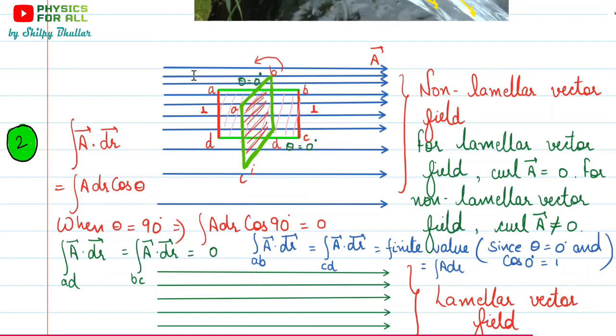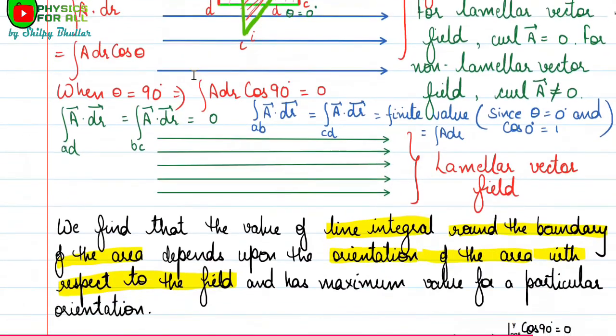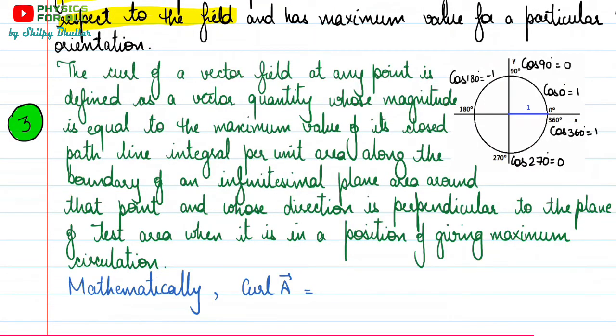Let's write down the exact definition of the curl of a vector field now. It states that the curl of a vector field at any point is defined as a vector quantity, because we know the curl of a vector field gives us a vector quantity again.